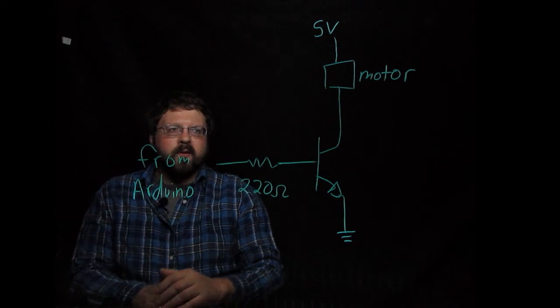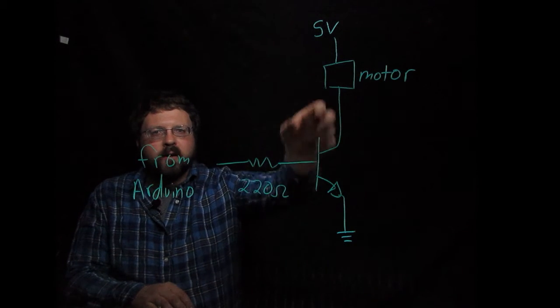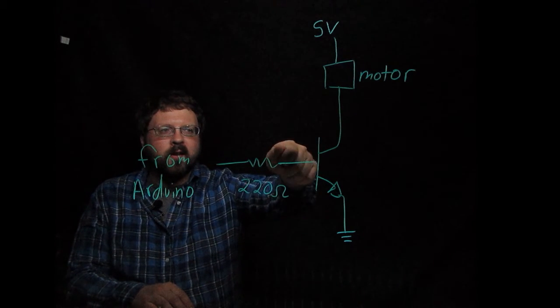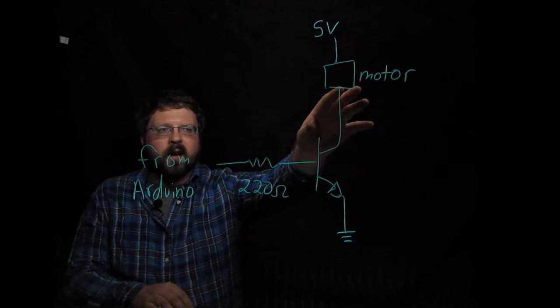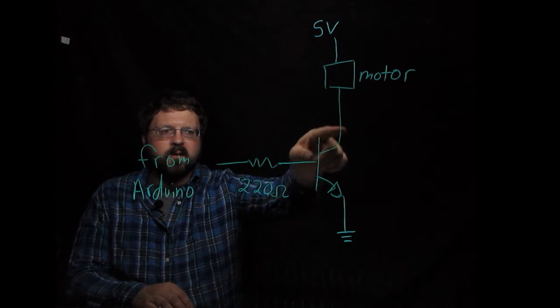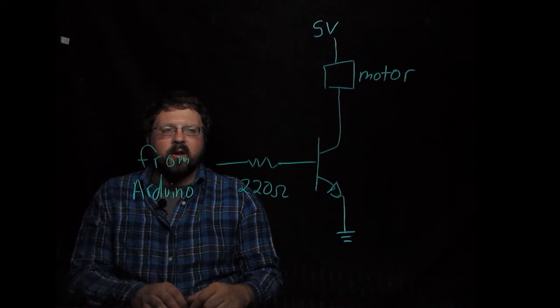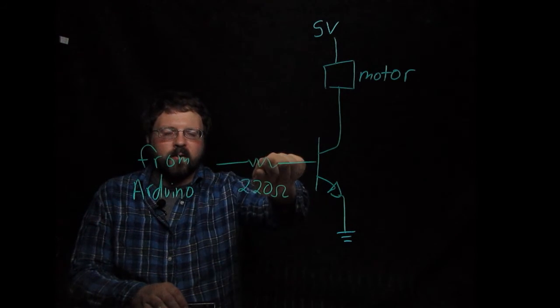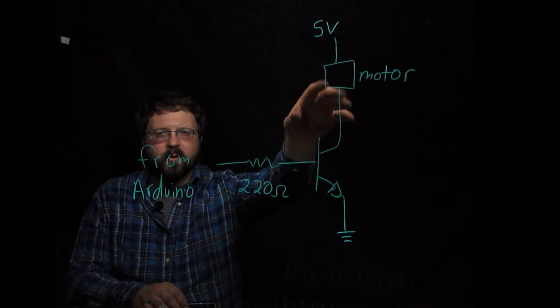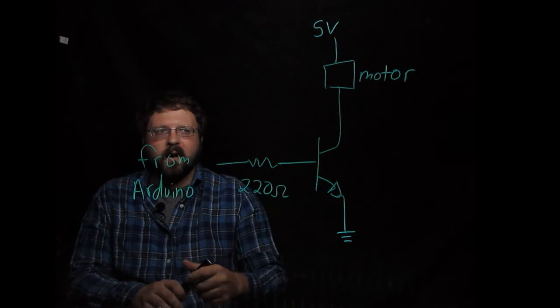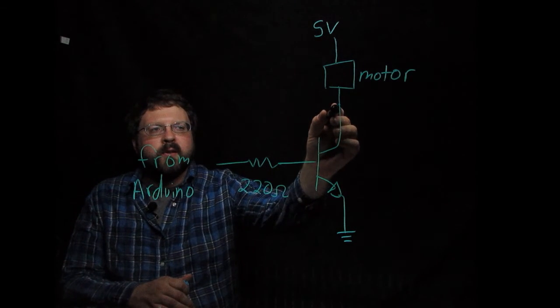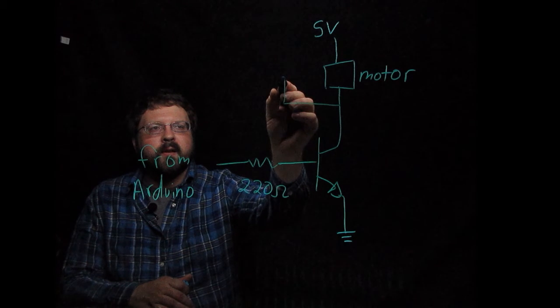Now because of the way the motor is made, it wants to keep current flowing, and so if you suddenly turn that off, it can develop some fairly high voltages here and actually damage the transistor. So you need some place for that current to go when you turn off the transistor, because the current through the motor doesn't like to just stop on a dime. And so this is where you can add a protection diode.